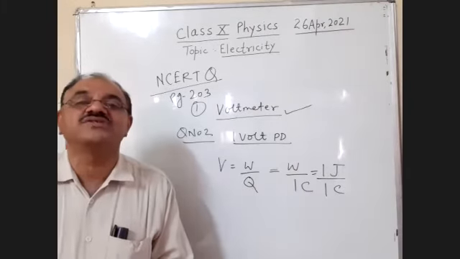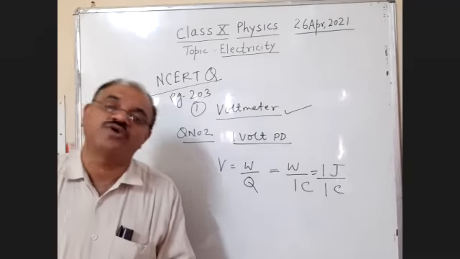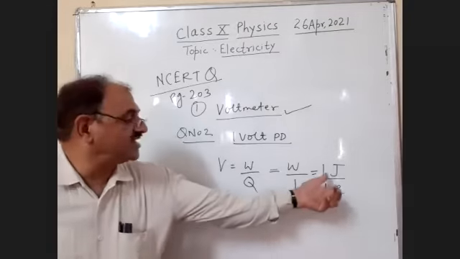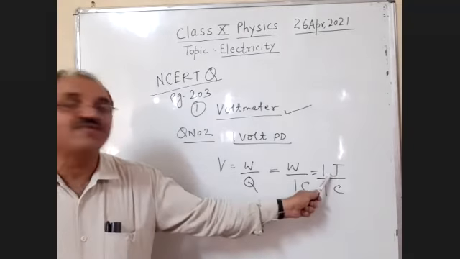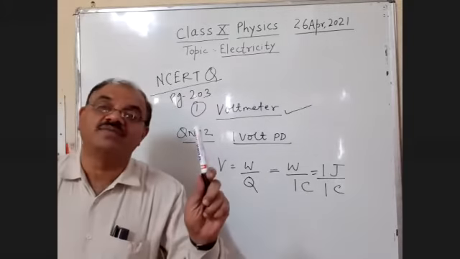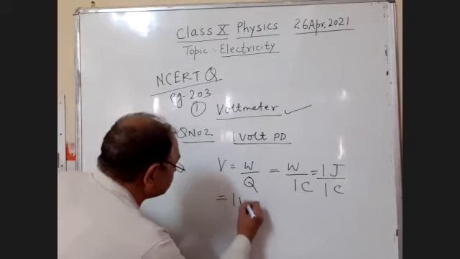Energy and work are both in the same unit. When the work done is 1 joule and the charge is 1 coulomb, that time the potential difference is said to be 1 volt.